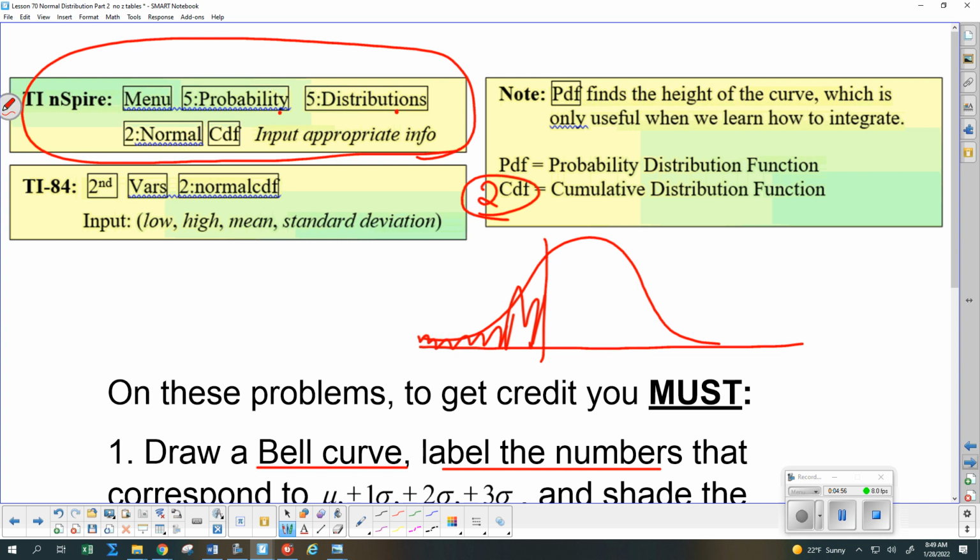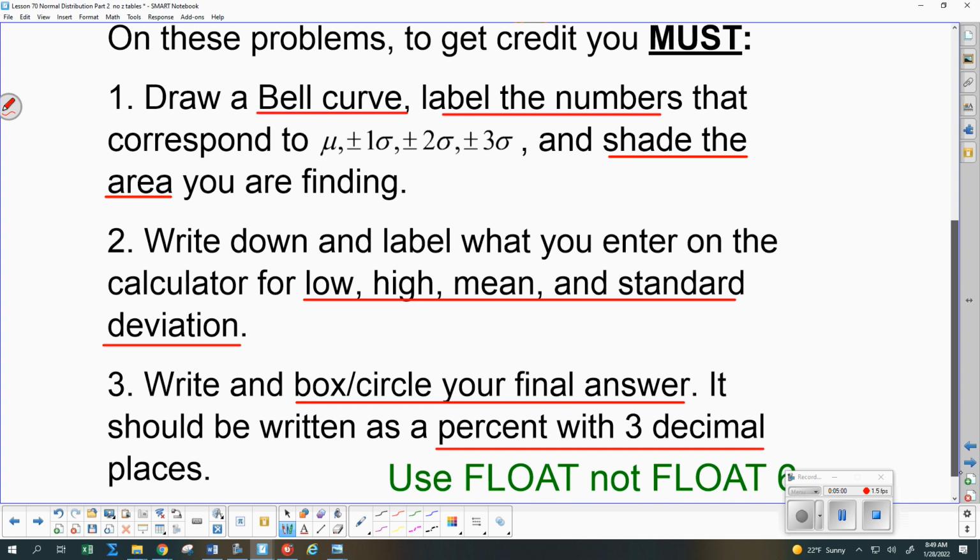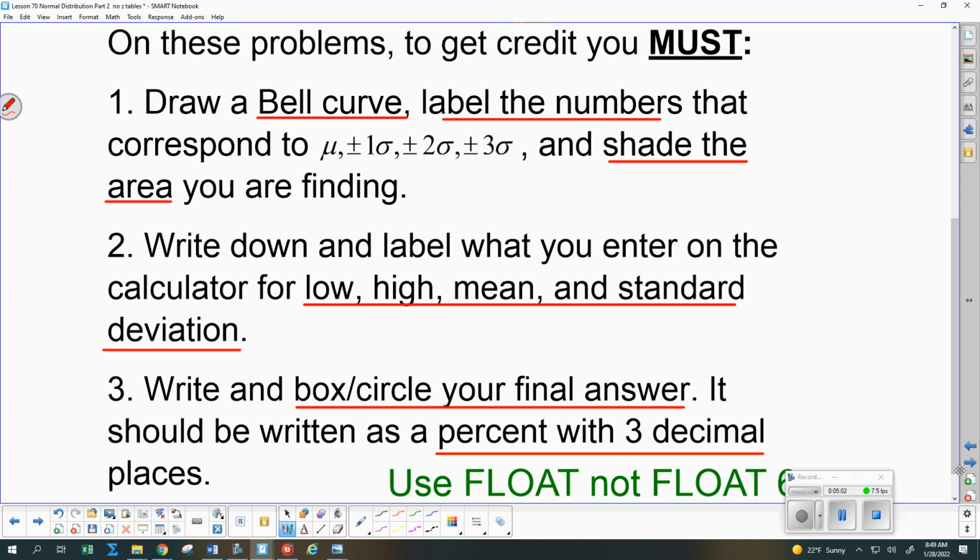This next part is important because since we're going to do this on the calculator, the calculator is going to do all of the work for you. Here's what I need to see on your problem set boxes to get credit. Draw the bell curve like you've been doing, and label the numbers like you've been doing.